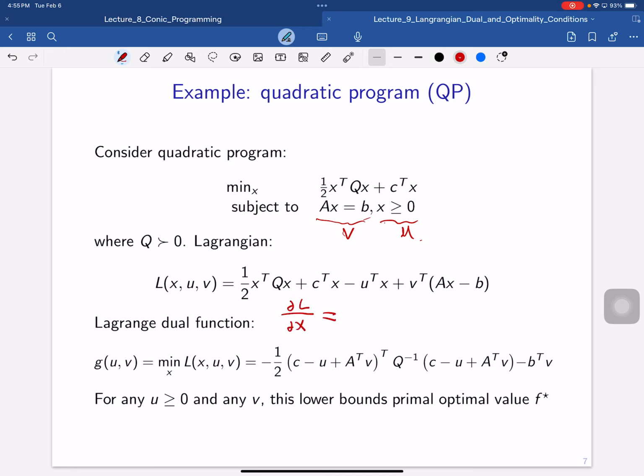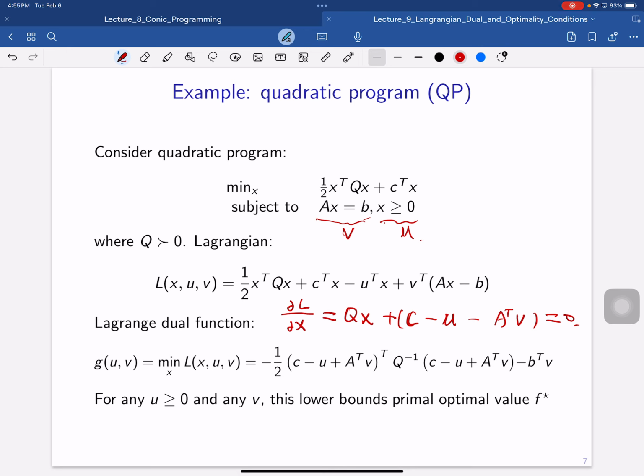The first term is a quadratic term, that will be Qx, and you take all those linear terms with respect to x. That will be plus c minus u minus A transpose v, right? And you set this to 0, okay?